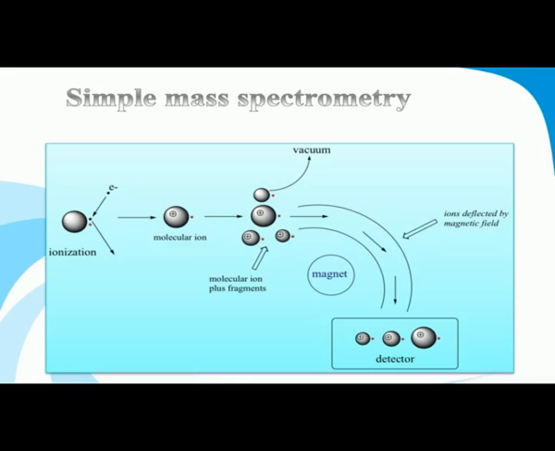By providing the magnetic field, the charged molecules will behave differently in the magnetic field because of their molecular weight. Here the molecular ion means the one which has the highest mass number. And fragmented ions means it gets separated into smaller pieces.